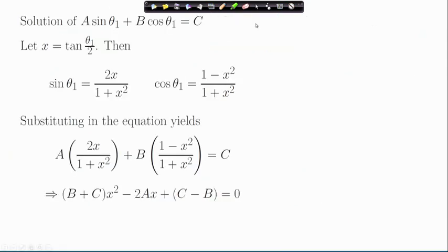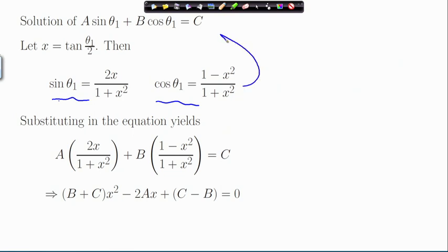So, solution of A sin theta 1 plus B cosine theta 1 equal to C. Once again we make this definition, so that we express sin theta 1 and cosine theta 1 in this form in terms of x.